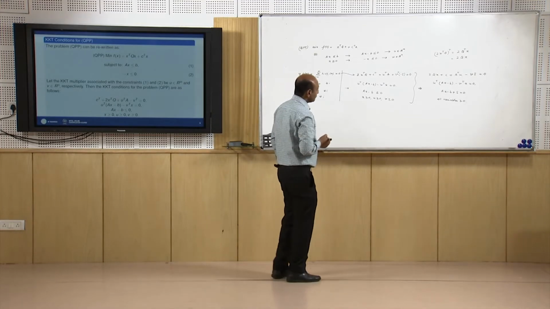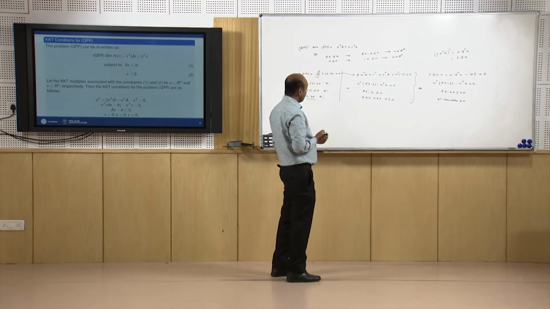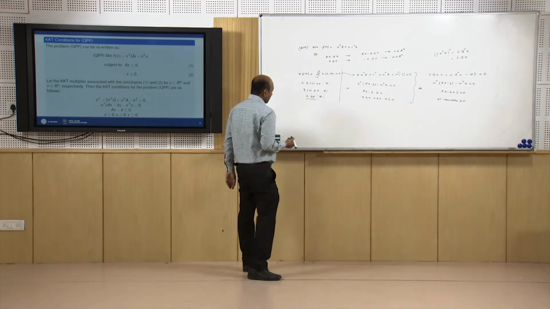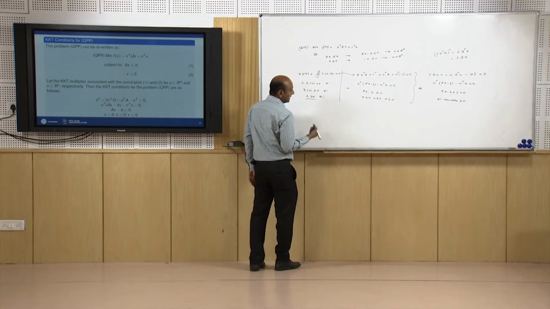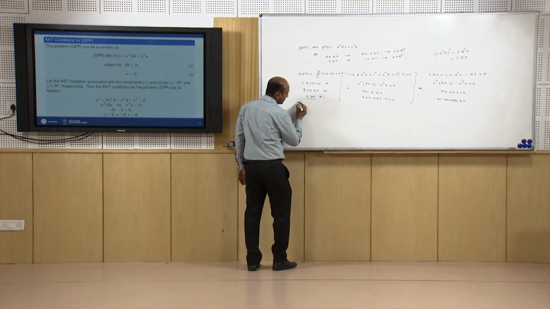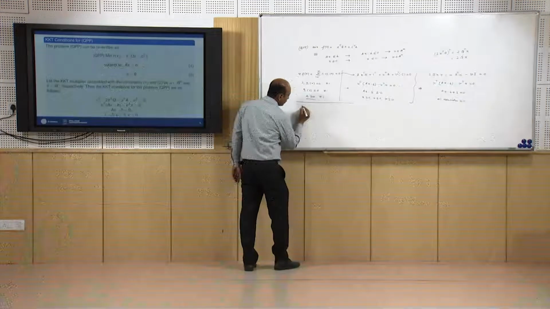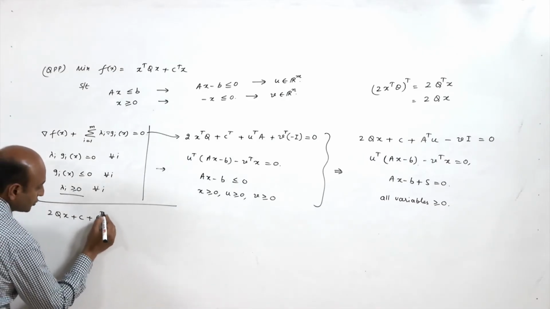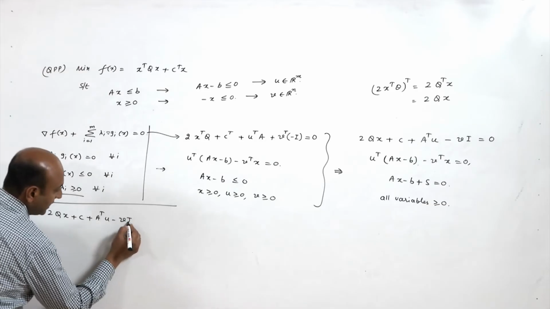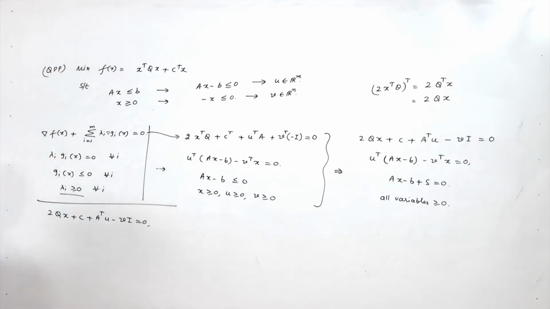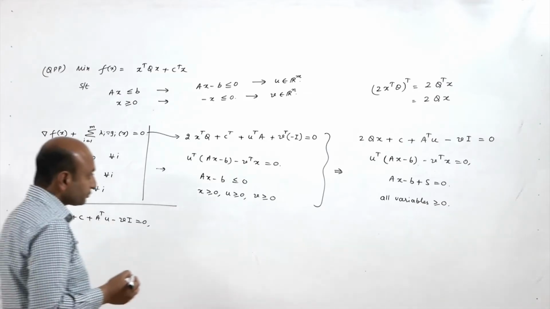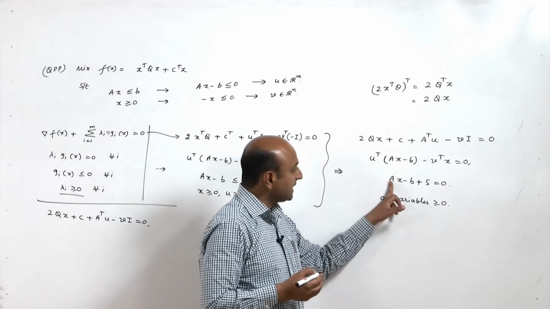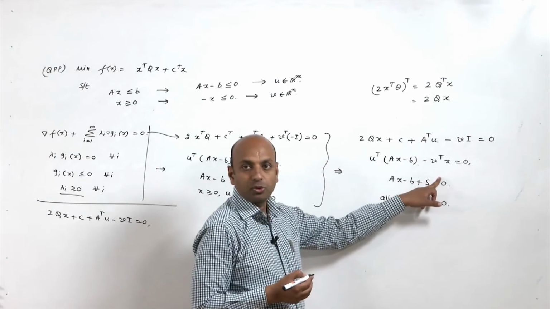Now the same conditions can be rewritten as follows. The first condition remains as it is. The first condition is nothing but 2qx plus c plus A transpose u minus V I equal to 0. Now if you see the second condition, it is Ax minus b plus s equal to 0.